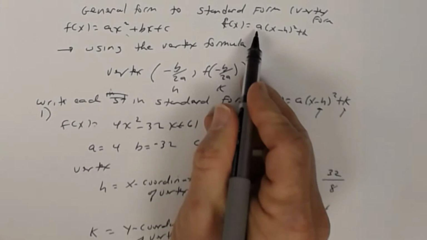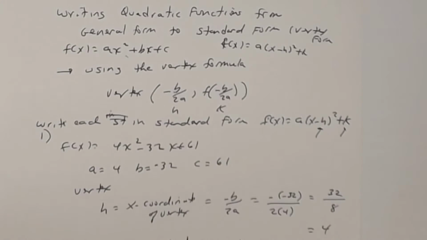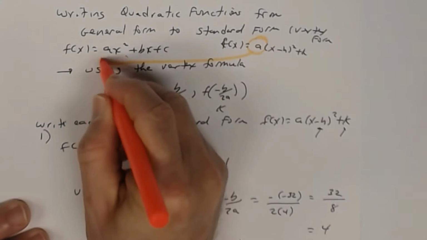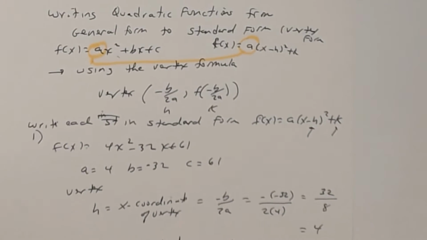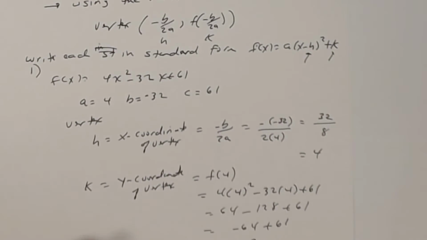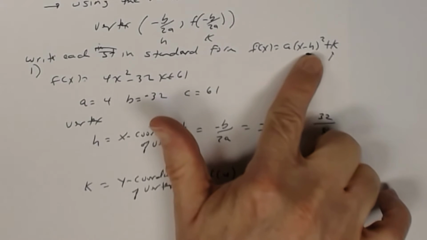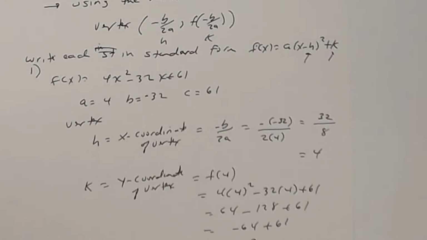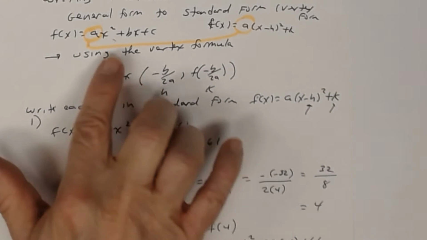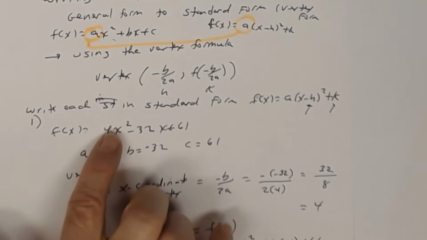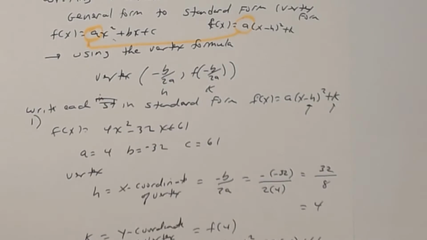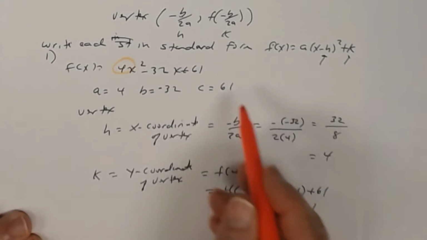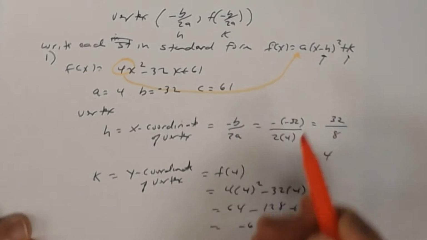The a you see here is the same as this a. Always keep that in mind. You know your h and your k now. This a is the same thing as the coefficient of x squared. And in this case, a is 4.